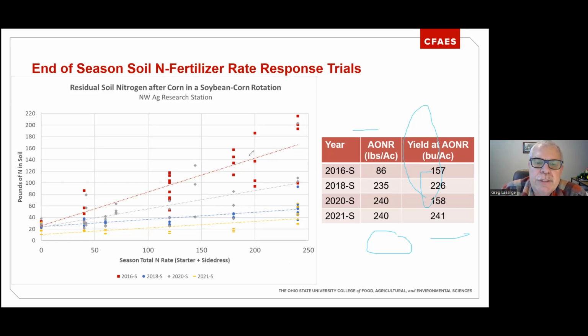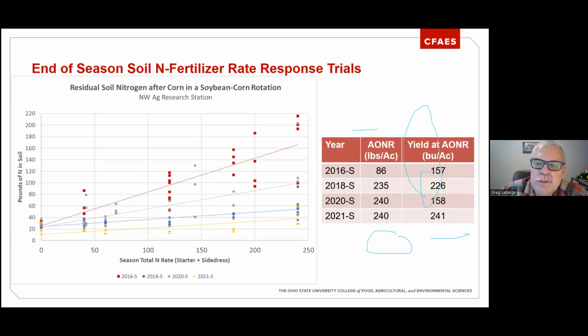If we look at another season, 2016 had our highest residual soil nitrogen, at that rate somewhere around 140 pounds of nitrogen. And you can see that it was not a very responsive year. We were talking about 200 or 86 as our agronomically optimal nitrogen rate, and our yield was 157. 2020 was another year where we had a fair amount of nitrogen left over in the soil profile, somewhere around 80 or so pounds.